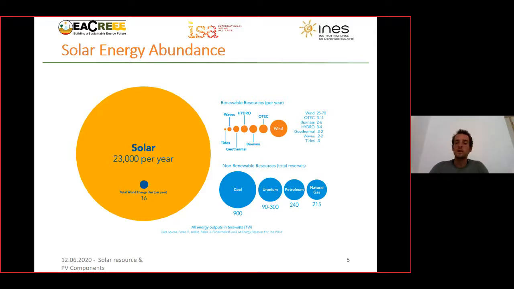The second point is that compared to fossil fuels, which are gas, oil, and coal, basically, you can also compare the potential per year of solar energy with the reserves of these fossil fuels. And what you can see is that we have much more potential per year than the potential of these fossil fuels for many, many years in the near future.